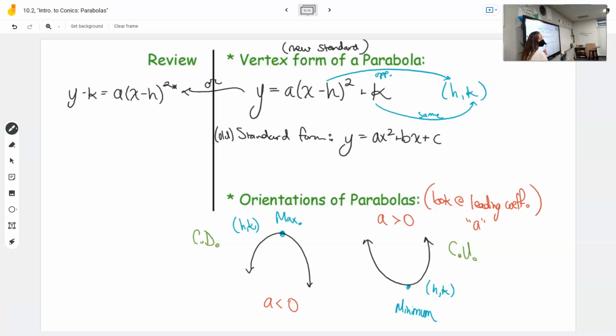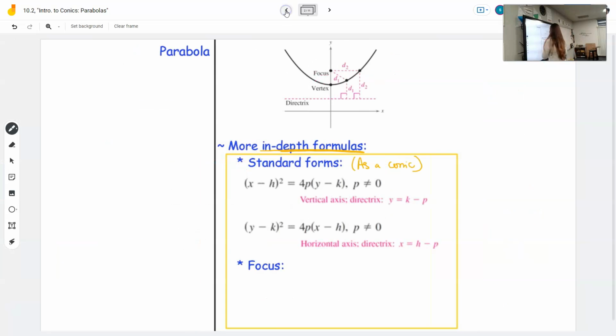Subtracted to the other side, exactly. So even though we're used to seeing it with y by itself, like as a function of x, we can totally move that k to the other side and say, oh, hey, okay, cool. y minus k, x minus h, okay. So it's not that weird that the k is with the y and the h is with the x. Like, that's actually pretty normal.